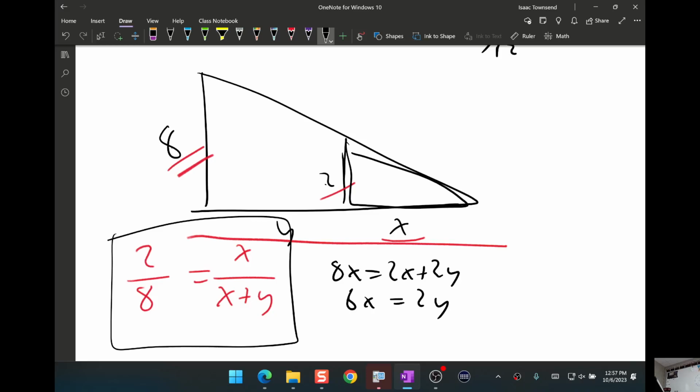Number 8. The first step should be the same as all the other first steps. They're all pictures. Pick a geometry formula that's going to tie it up. You start labeling this stuff.